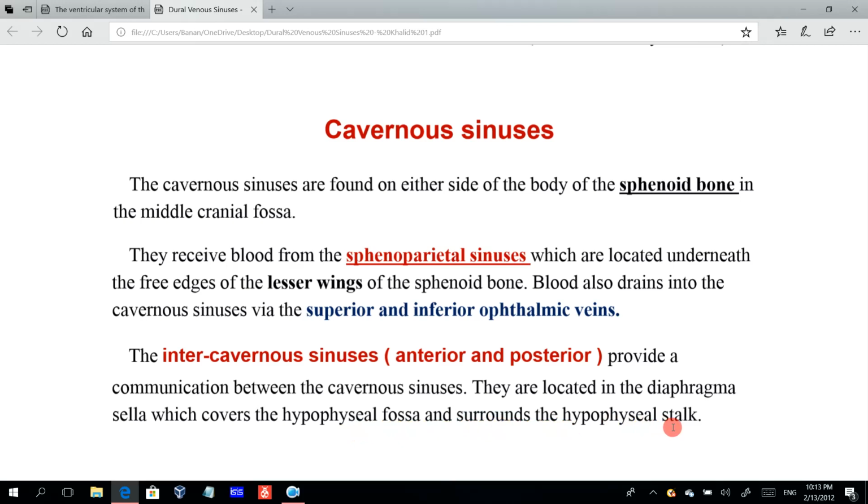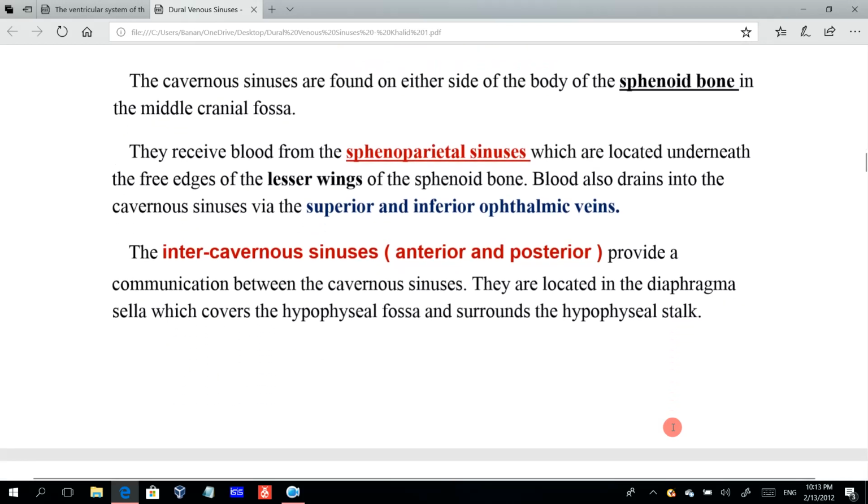The pituitary gland sits in the sella turcica, and through its stalk it attaches to the hypothalamus. So the anterior and posterior intercavernous sinuses surround the hypophyseal stalk. So you know its location? Okay.